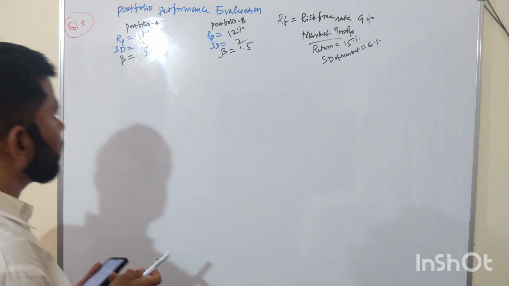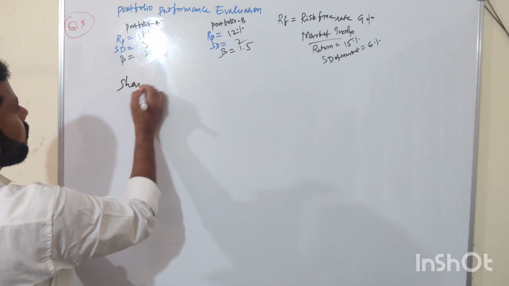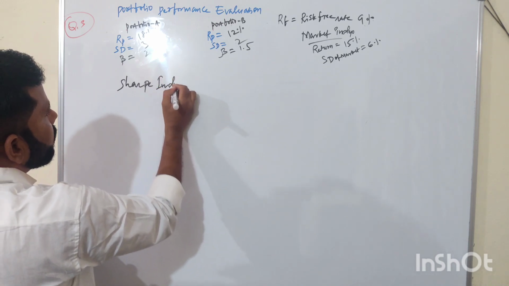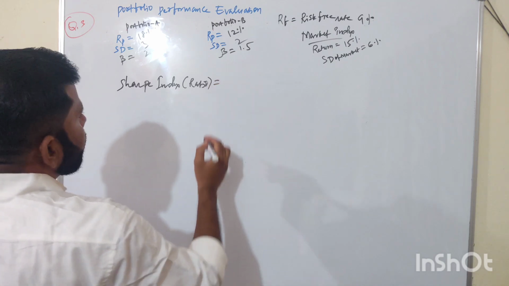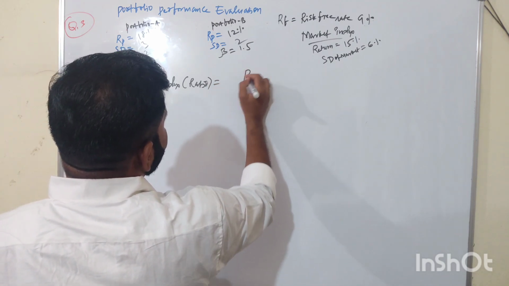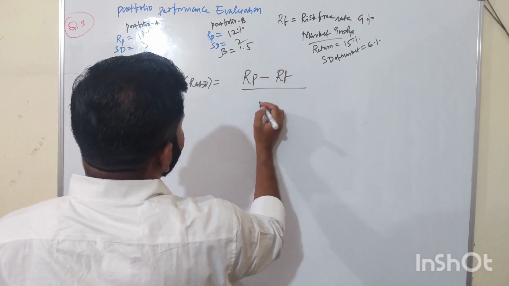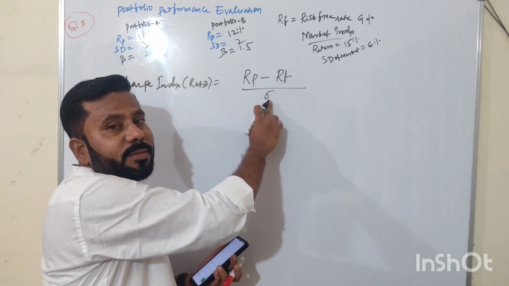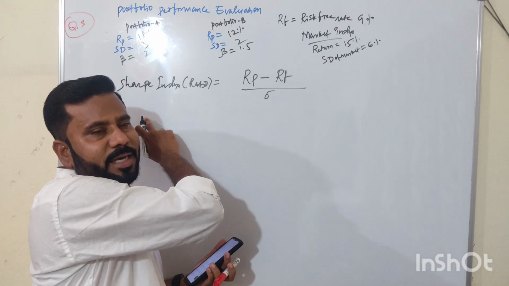So let's calculate the Sharpe index or ratio. What is the simple formula? Sharpe ratio equals RP minus RF divided by standard deviation. We should not use beta here because we are calculating the Sharpe index.